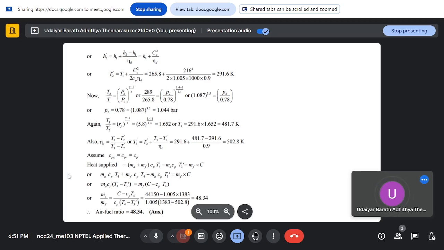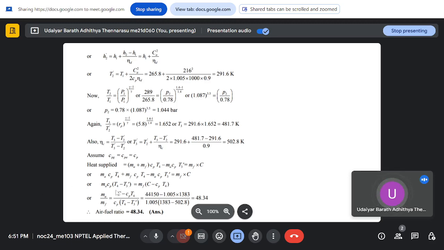So now, Ma into Cp T4 plus Mf into Cp T4, minus Ma into Cp T3 dash equals Mf into calorific value. So we are just expanding the bracket and taking all air terms and fuel terms together. So Ma Cp into T4 minus T3 dash equals Mf into calorific value minus Cp into T4.